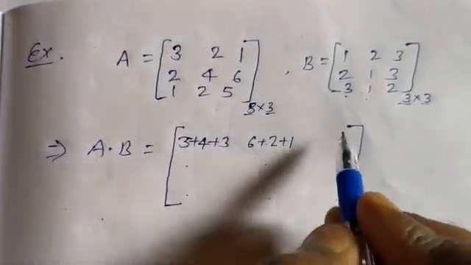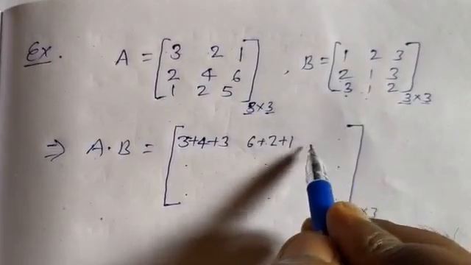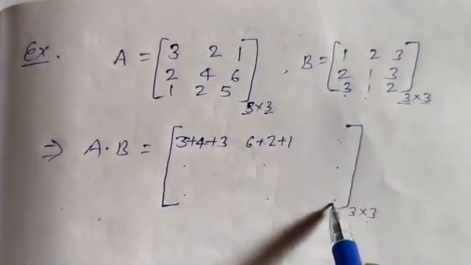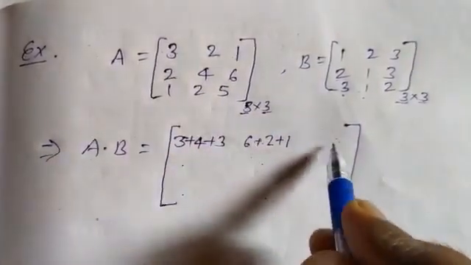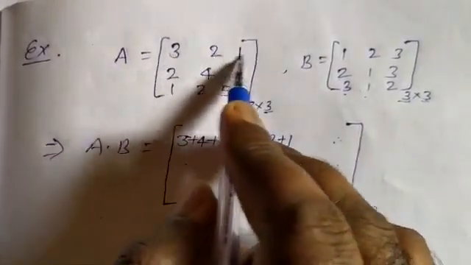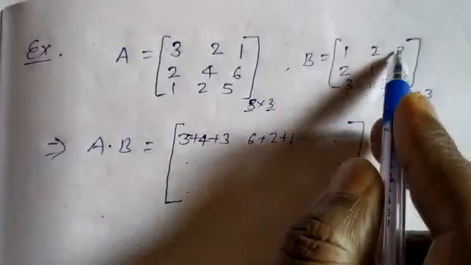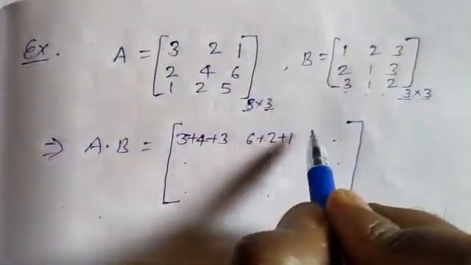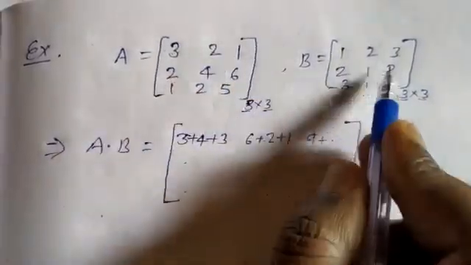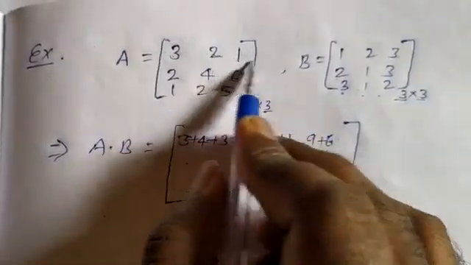Now the third element of the first row, this is first row and third column. So to write this element we have to multiply first row with the third column. First row 3, 2, 1 multiply with the 3, 3, 2. 3 multiply with the 3, 9, plus 2 multiply with the 3, 6, and 1 multiply with 2.